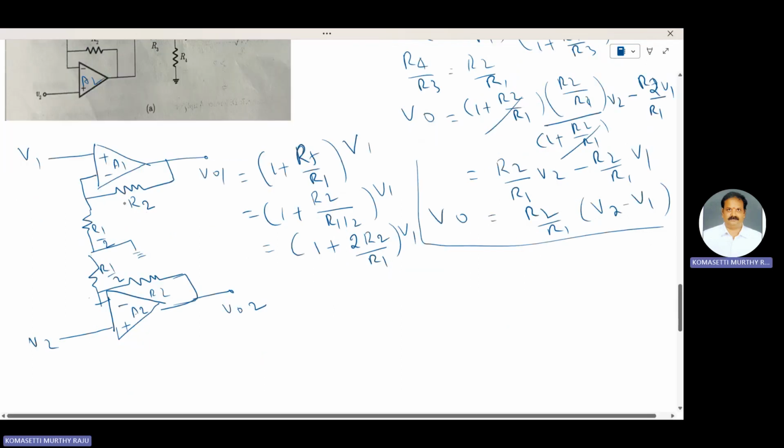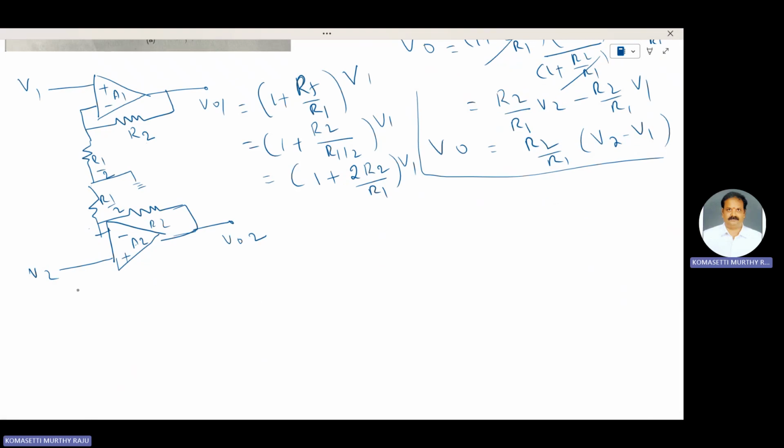The same analysis is applied here. In the second stage, A2 is also in non-inverting mode. Therefore, V02 is equal to again 1 plus RF by R1 into V2.